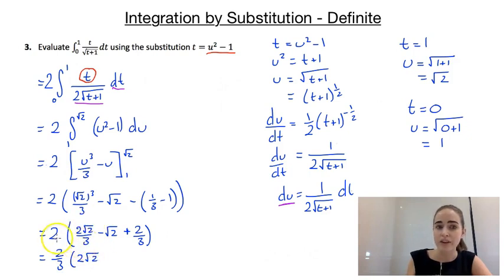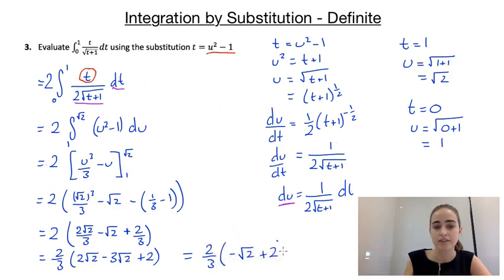So I've divided this bit by 3 by pulling it out the front. This bit I would have to have 3 root 2, so that when I expand it back out, I just end up with my root 2. And this one I would have 2. And then we can combine these like terms. So then I'm going to have as my final answer 2/3 outside of minus root 2 plus 2. So that's having a look at integration by substitution with definite integrals.